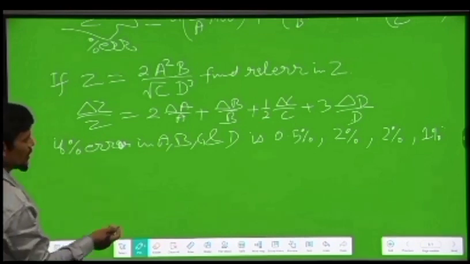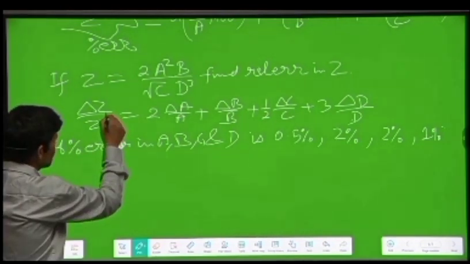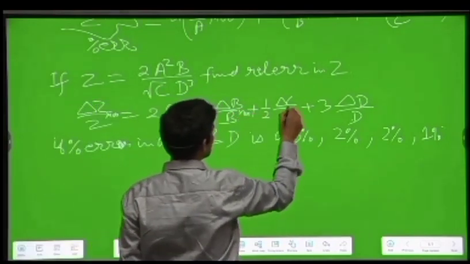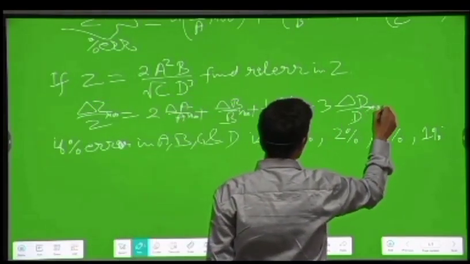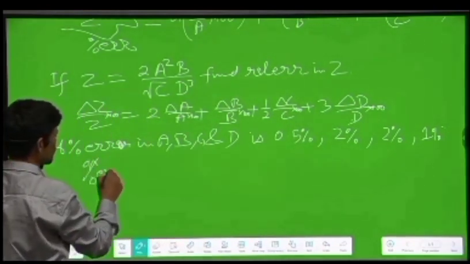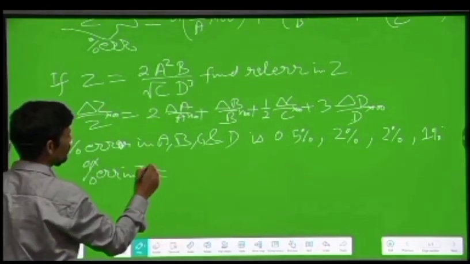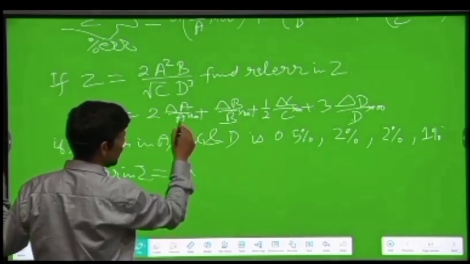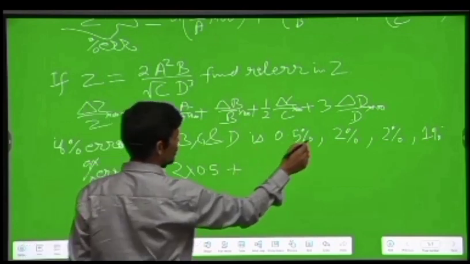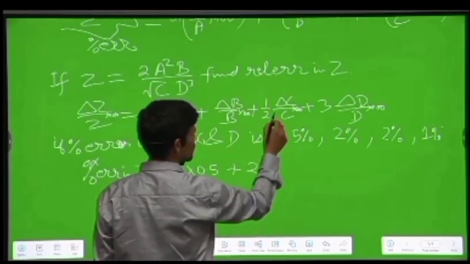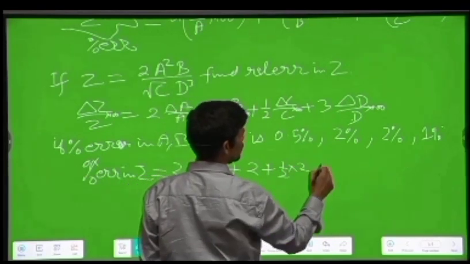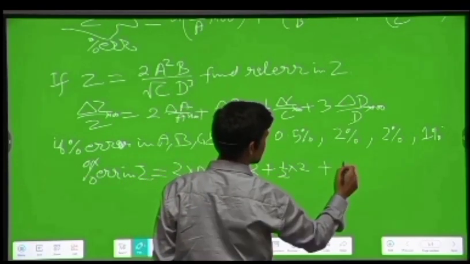We can directly put the values. So we can think about multiplication by 100 in each step, and then it will become percentage error. So the net percentage error in Z will be given by 2 multiplied by error in A is 0.5%, B is 2%, C is 2%, so there is 1 by 2 multiplied by 2, and D is 1%, and 3 into 1.